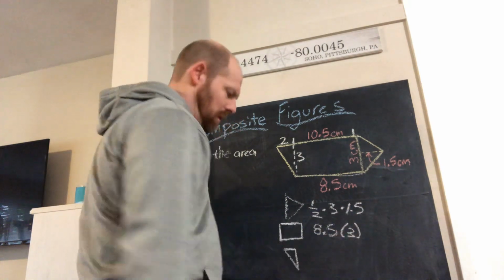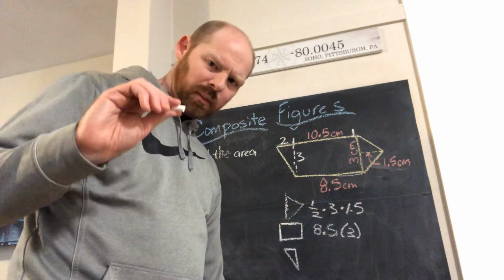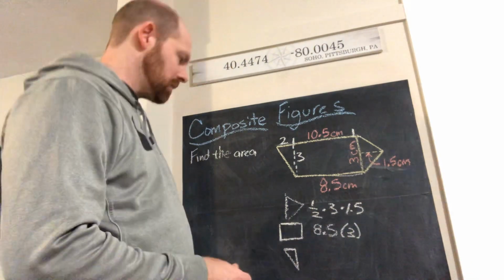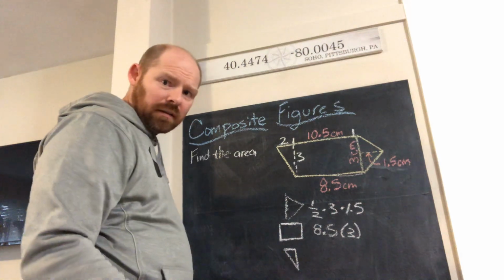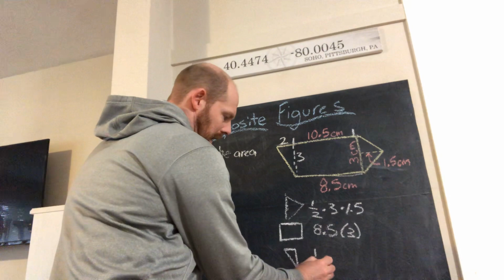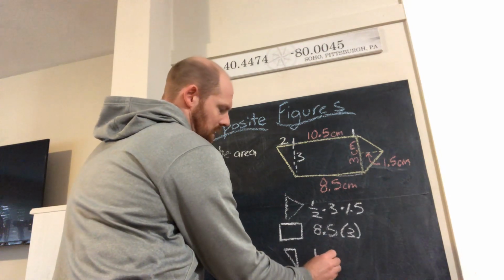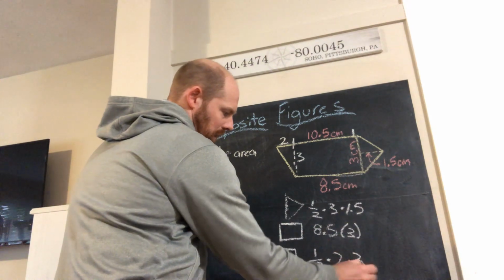I just put those parentheses in there because when I have decimals and the dot for multiplication at the same time, it's a little confusing. And the very last triangle that I had to find the dimensions for, I had to figure it out myself. That's 1/2 times the base, we'll call it 2, and the height, we'll call it 3.